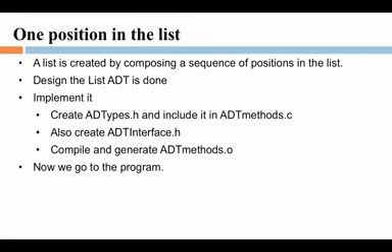Then for a programmer to use the data type, we are going to create an interface file, which is another header file, and then by including these interface header files, we will be able to use the abstract data type, which is described in types.h, and the appropriate access methods and the maintenance methods, which are defined in adt methods.c. This is the details of the implementation at a top level.